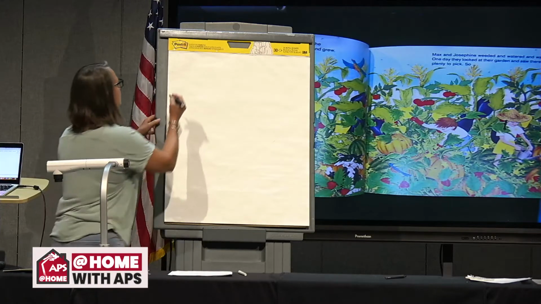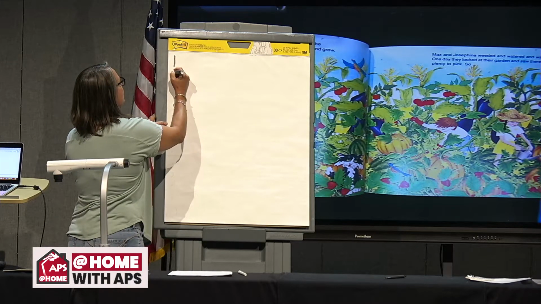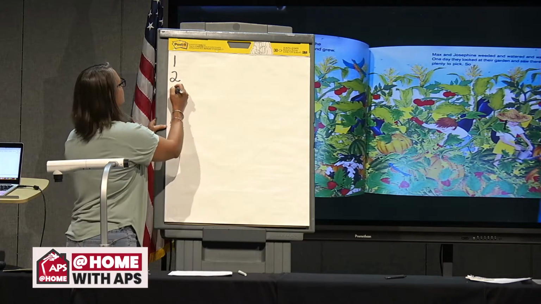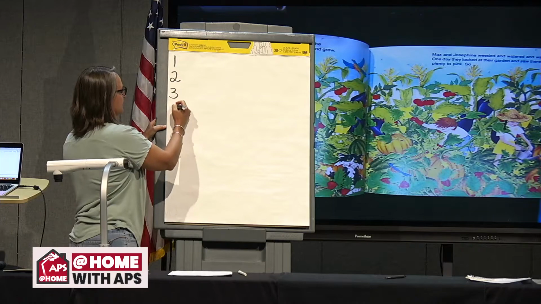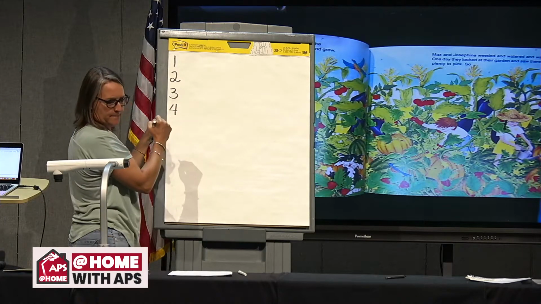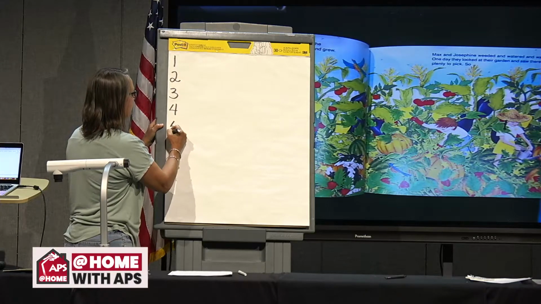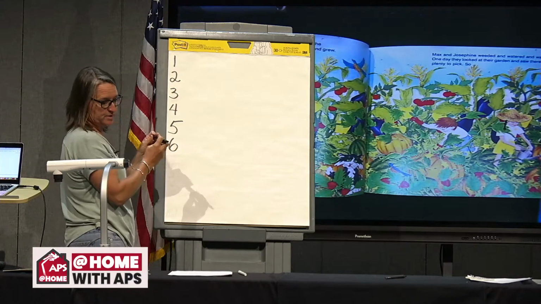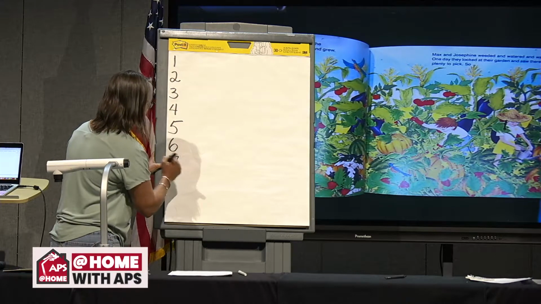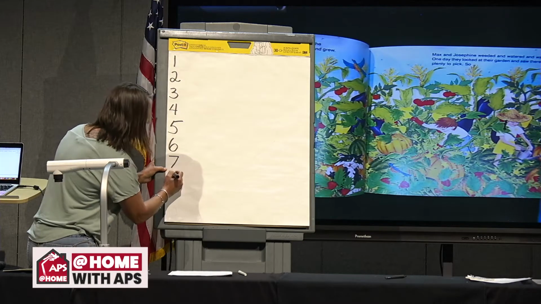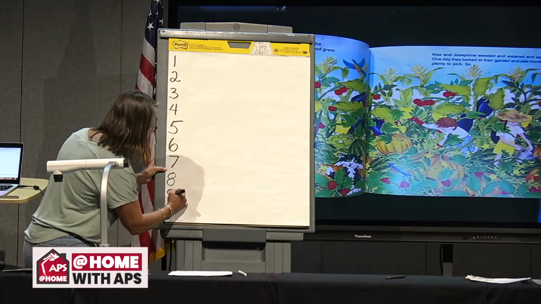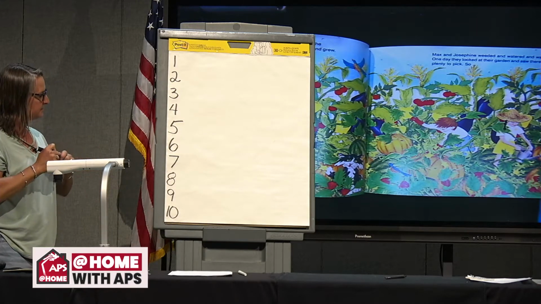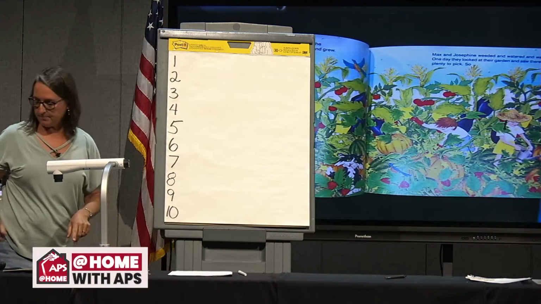Because we counted 1 watermelon seed, 2, what do we have 2 of? 2 pumpkins, 3 eggplants, 4 peppers, yes, 5 tomatoes, 6 yummy blueberry bushes, 7 strawberries, 8 beans, 9 potatoes, and 10 corn seeds. So we practiced quite a bit counting up to these numbers.